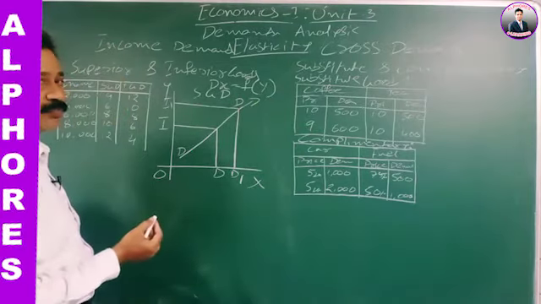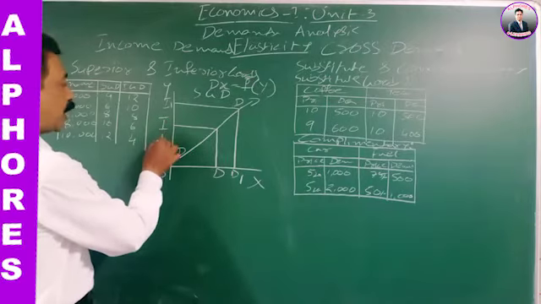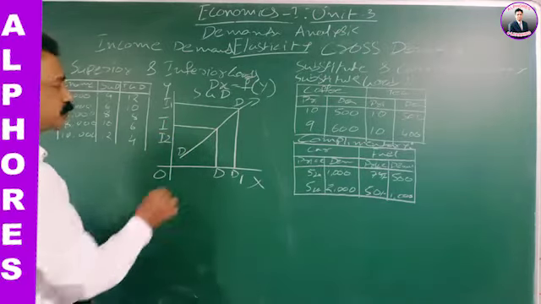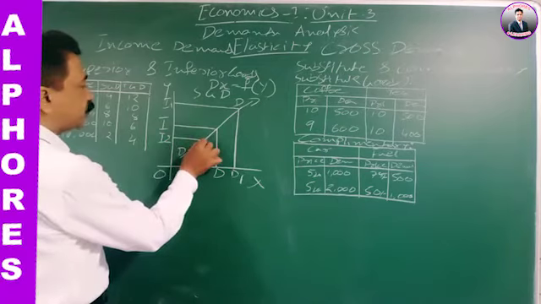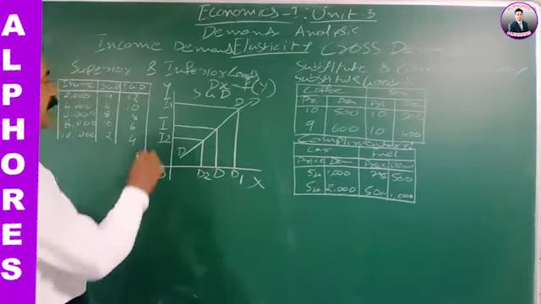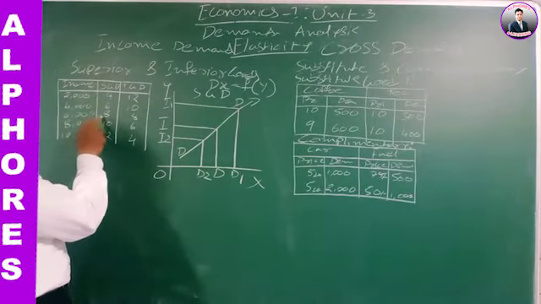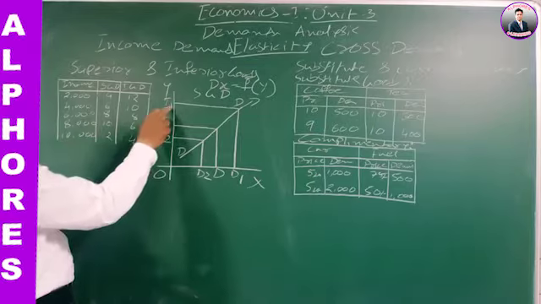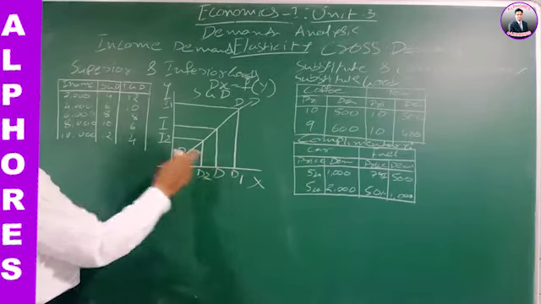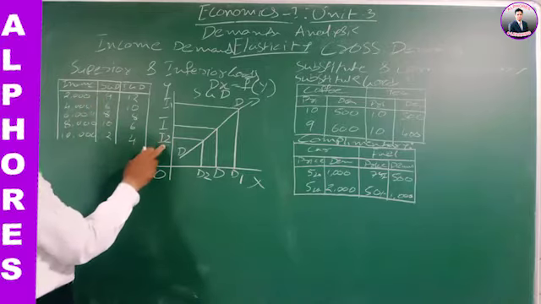Yes or no? If income decreases to I2, then demand also decreases to D2. If the income increases, demand increases. If the income decreases, demand decreases.